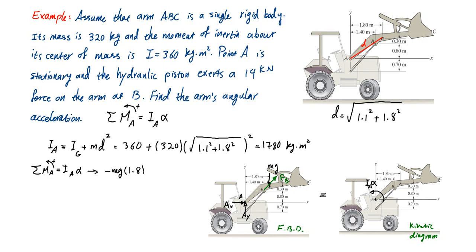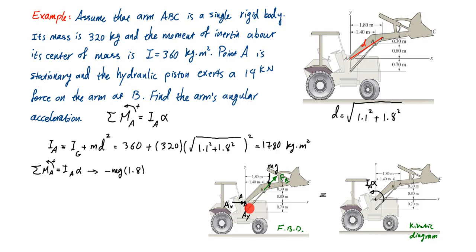Now, the only other force that creates a moment about point A would be the force applied to this arm by that hydraulic piston. That force is at an angle, so I have to decide what to do. There are two possibilities.